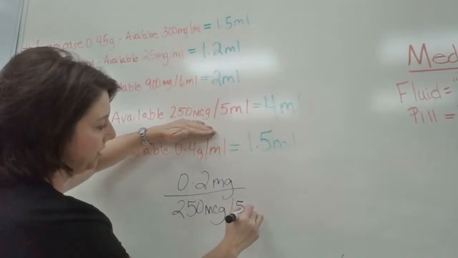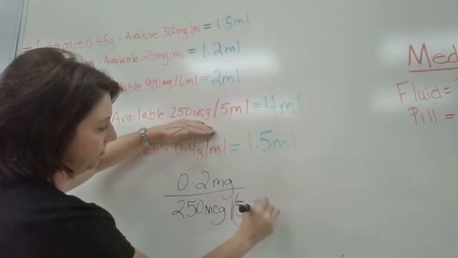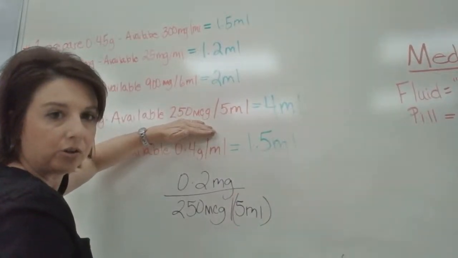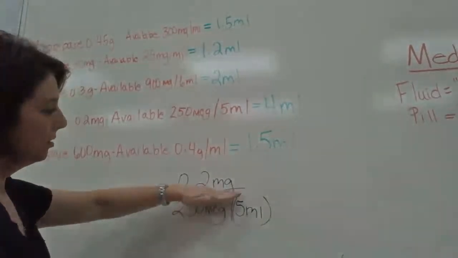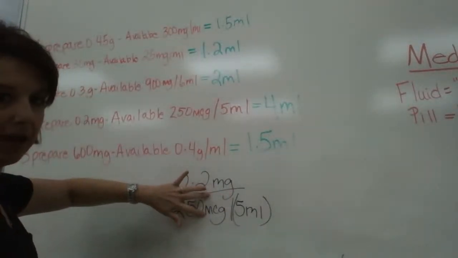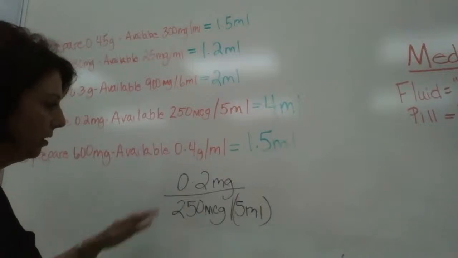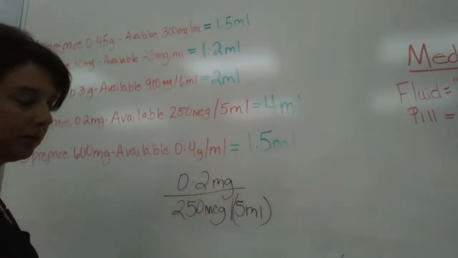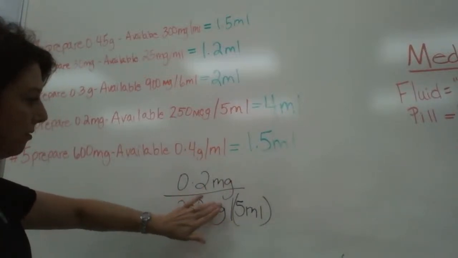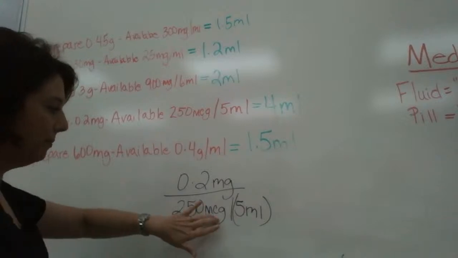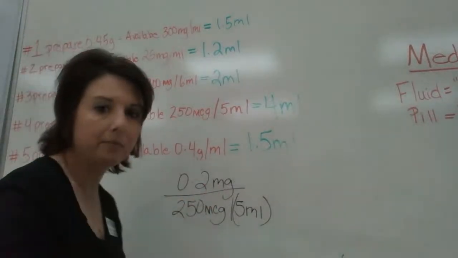We have that extra step here. So we have some conversion that we're going to have to do, microgram and milligram. What is our first step? First, we have to convert our microgram to milligram. So how many micrograms are there per milligram?